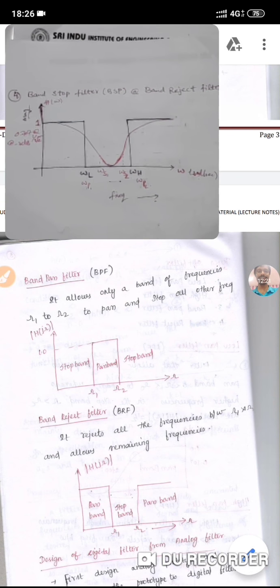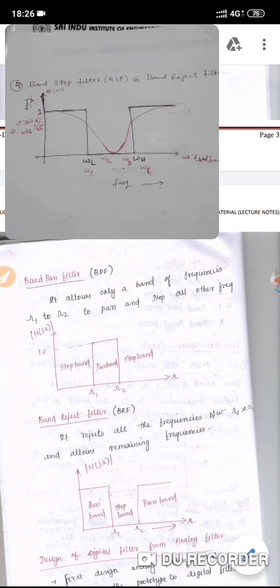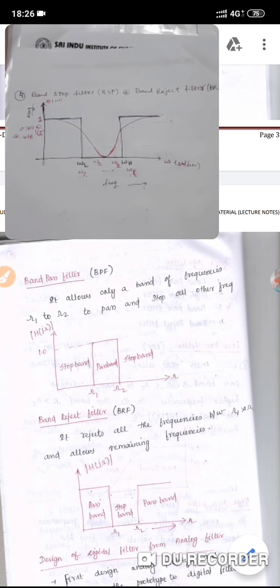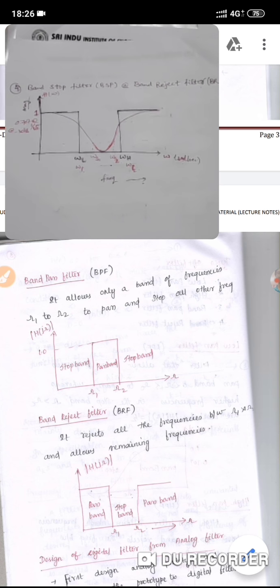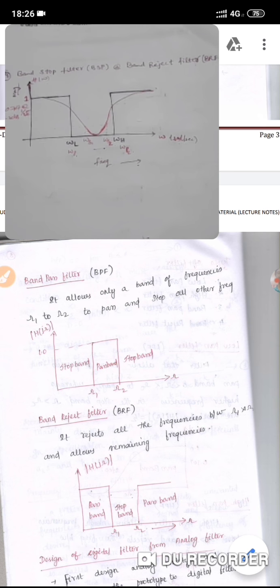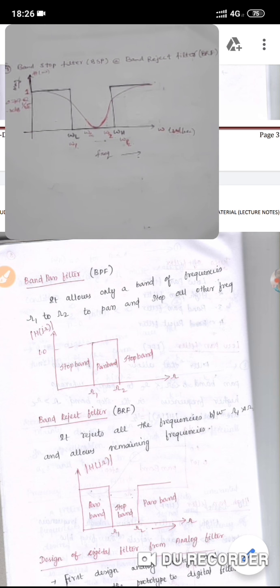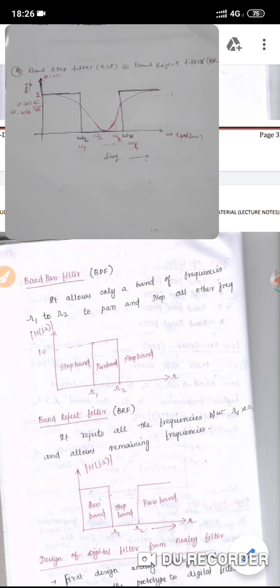Coming to the band reject filter, or band stop filter, as we call it, it rejects only a certain band of frequencies and allows all the frequencies except that band.